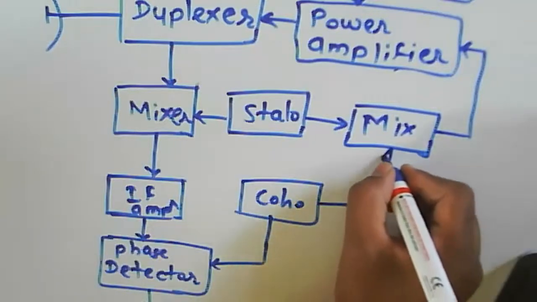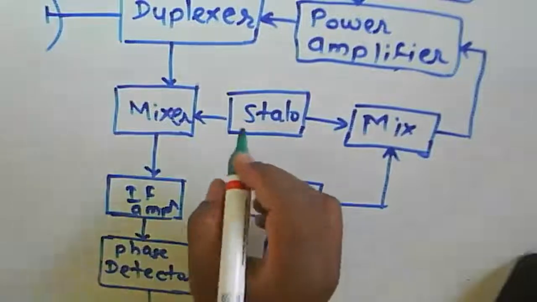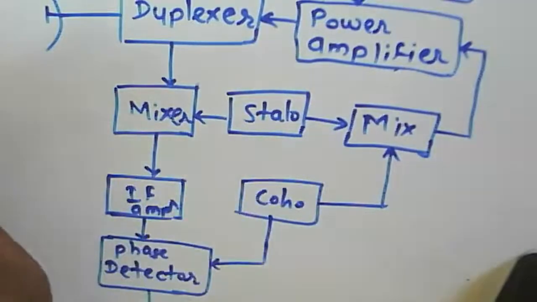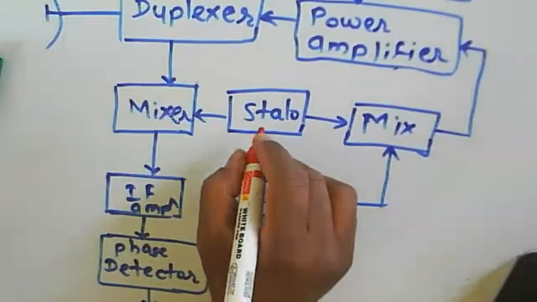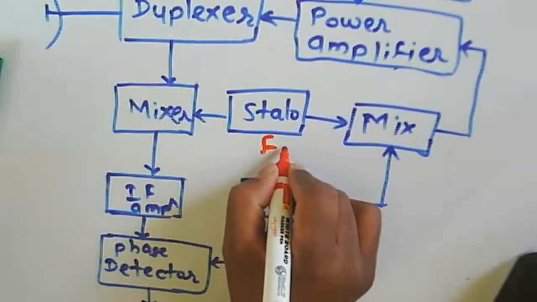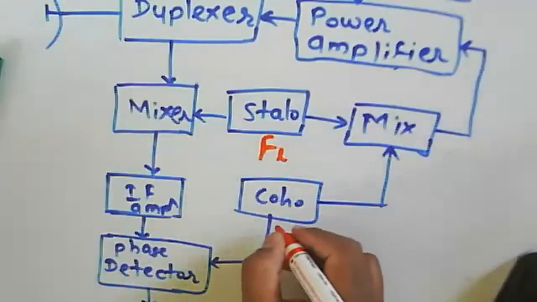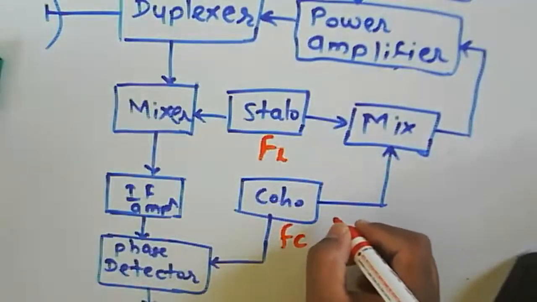We are providing the input from the coherent oscillator here. So if you see the blocks, this one is your stable oscillator, and its frequency is f_L. This one is a COHO, so the frequency will be f_C here.